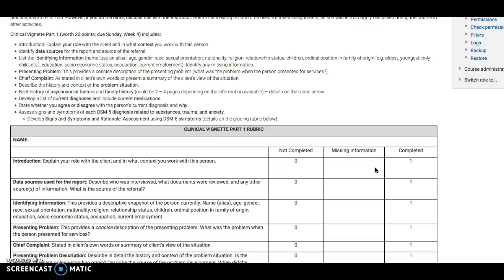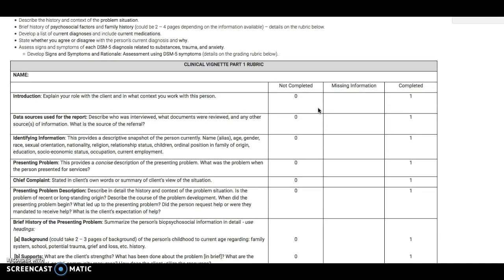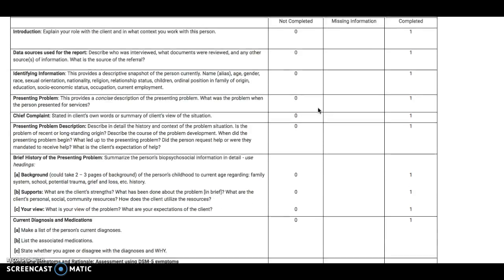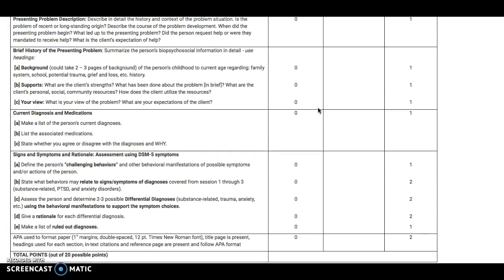The next thing you're going to want to do is assess signs and symptoms of each DSM-5 diagnosis related to substances, trauma, and anxiety, and then develop a sign and symptoms and rationale assessment using DSM-5 symptoms. All of those details are right here on the grading rubric, so I encourage you to carefully peruse this grading rubric.